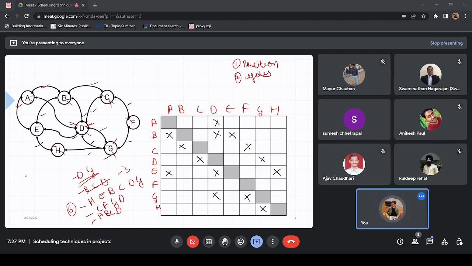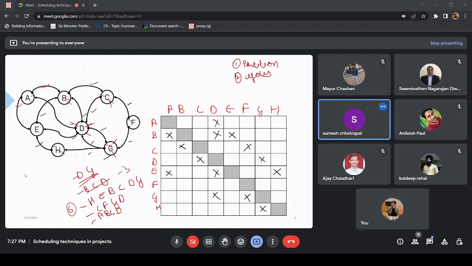Even if one loop is there, you will have to worry about it. It might be that the loop is very important, or you say that even if this loop comes, I can repeat this step multiple times, it is of no importance to me, so you are not worried about that loop. But in this case, we are going for equivalence, like everything is equal. So you will have to remove all the loops.